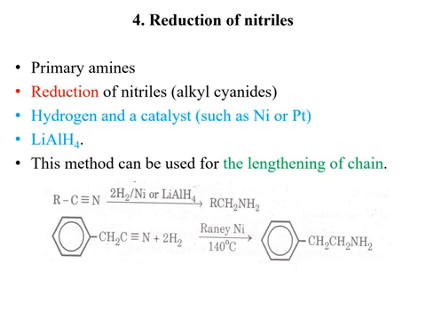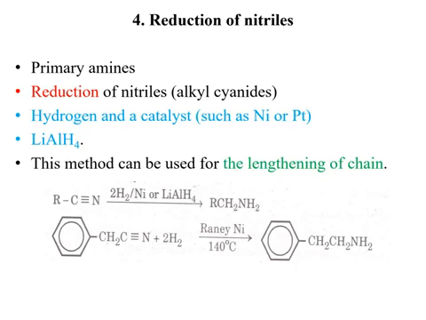Reduction of nitriles. Primary amines can be prepared by reduction of nitriles like alkyl cyanides. In the earlier slide, I told you that when there is a triple bond between carbon and nitrogen, the class is known as nitrile. Reduction can be carried out similarly with hydrogen and a catalyst such as nickel or platinum. The alternative way of hydrogenation is lithium aluminium hydride.